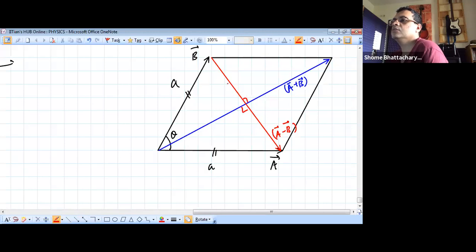So this angle becomes 90, and also this becomes equal to this. This becomes equal to this. This angle becomes equal to this angle. And this angle becomes equal to this angle. Okay.